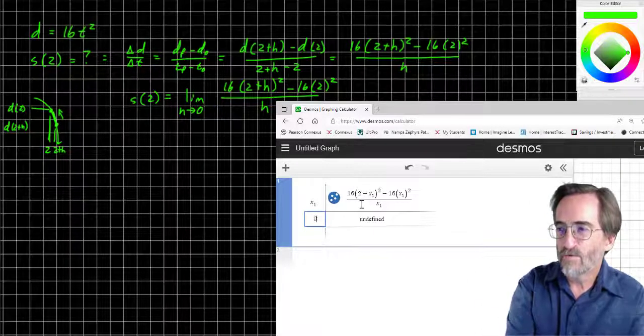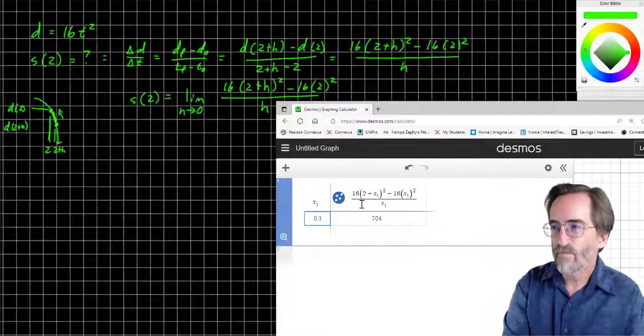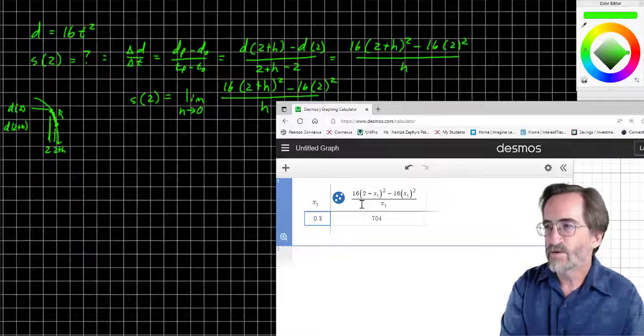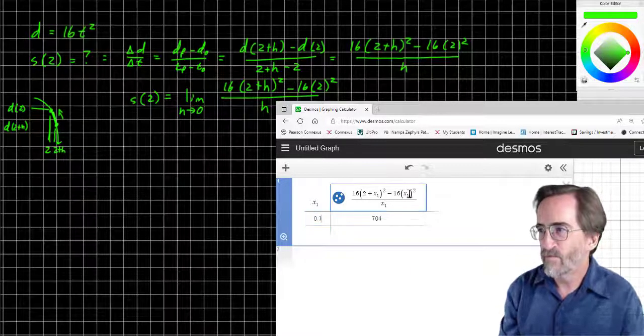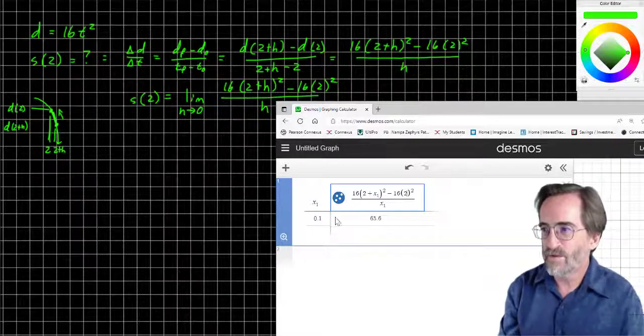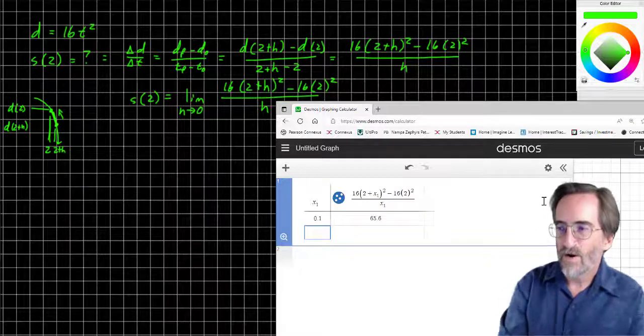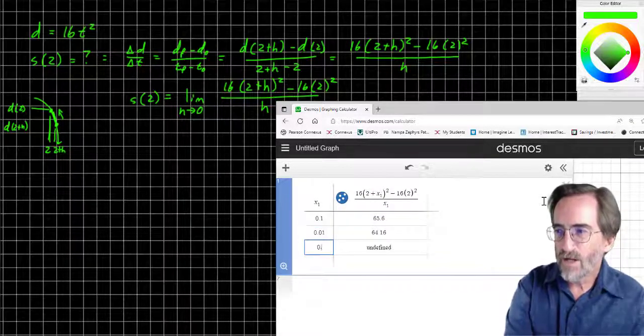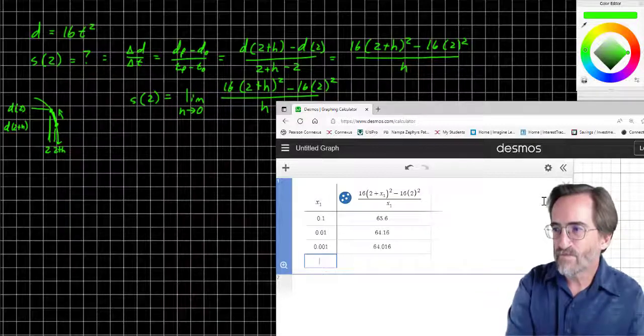All right, so I'm going to try 0.1, right? Let's make sure I entered that. Oh, I see what I did. This is not x1, this is 2. There we go, because that answer wasn't making sense. All right, 0.1, 0.01. We're going to let h get smaller and smaller and smaller.